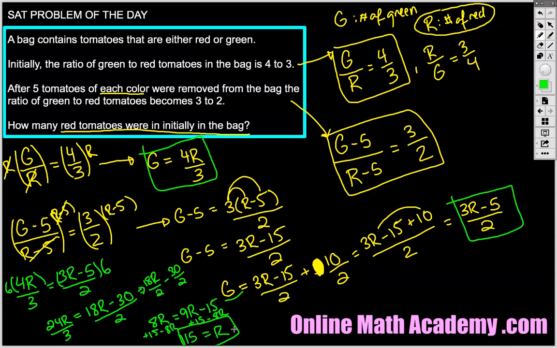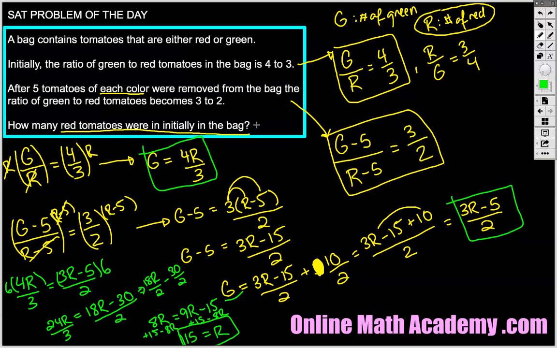This would be considered a hard SAT problem, I guess. And the things you needed to know were how to do ratios and how to solve a system of linear equations. But what was really important was also paying attention to the language here. This type of thing where it says each color is monumentally important.